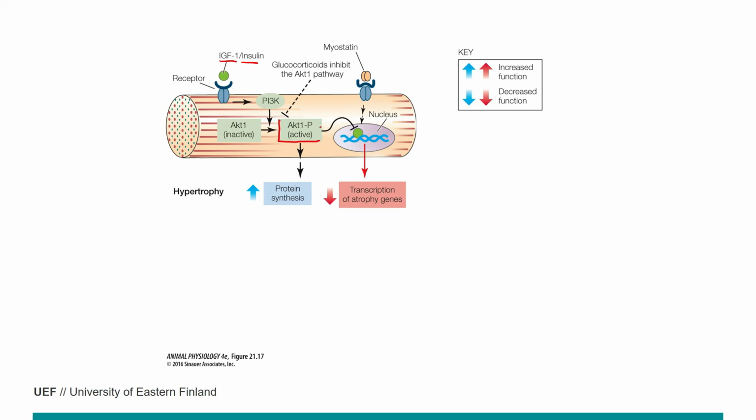It will be phosphorylated, become active, and regulate two things. First of all, it will indirectly affect protein synthesis, so you can have more contracting elements. But on the other hand, it will also affect the gene expression of some atrophy genes.